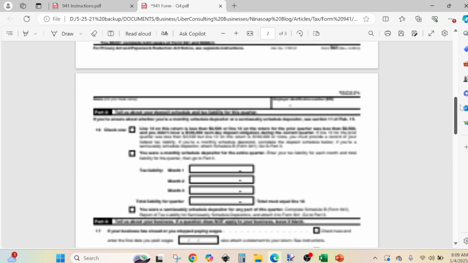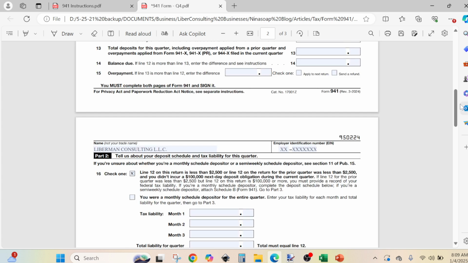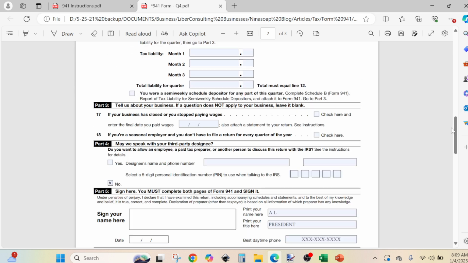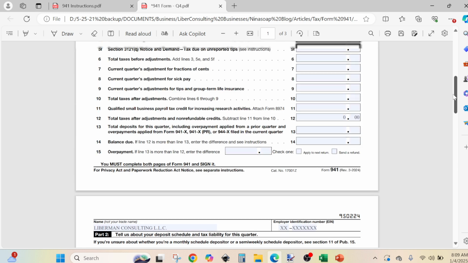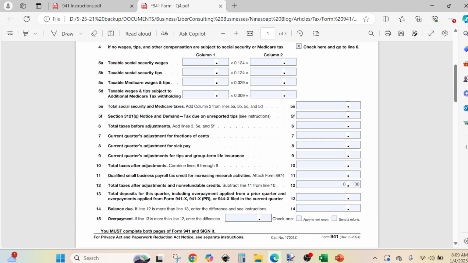So you print pages 1 and 2 out, you sign it and date it, and you print another copy to save for your business record, and you mail the one you sign. So where do you mail Form 941 without a payment? Because again, you do not owe anything, you didn't complete the voucher.